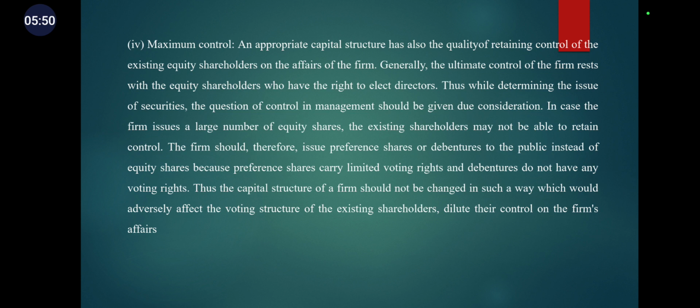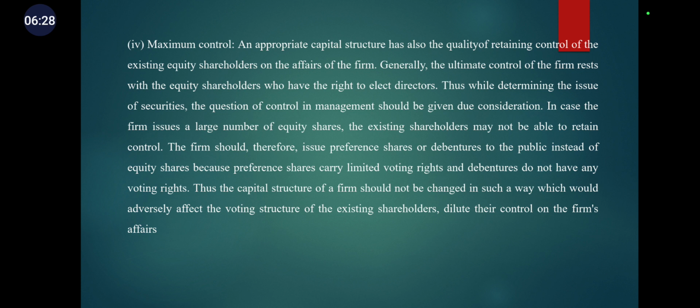Always the control should lie with the shareholders of the company. For example, in your family itself, the control should always lie on the shoulders of your mom and dad. In the same way, the company's control will always lie on the shoulders of the shareholders. We should not give it to outsiders or external parties, because controlling is one of the characteristics of a company.